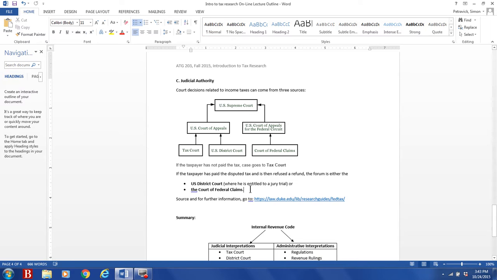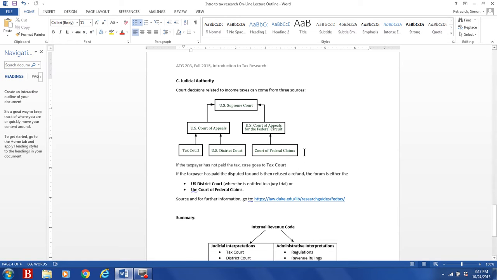The Court of Federal Claims is a special court that hears cases related to monetary claims against the U.S. government. In that case, it's heard by a judge, no jury trial available there.